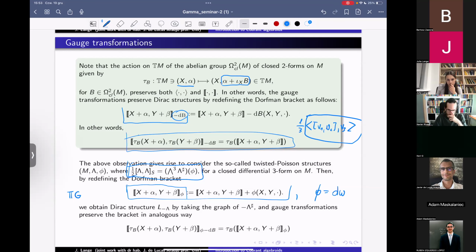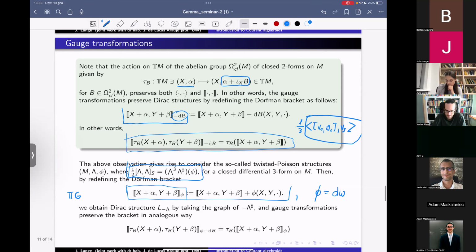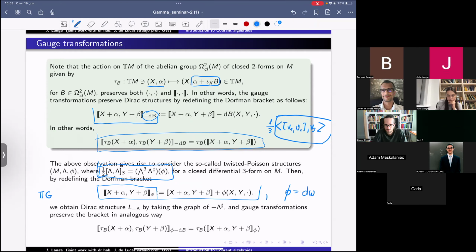Okay, yeah, exactly. Yeah, it is right. This is what we did in our work. What is important is that the dimension of our manifold is less than 3, am I saying it right?